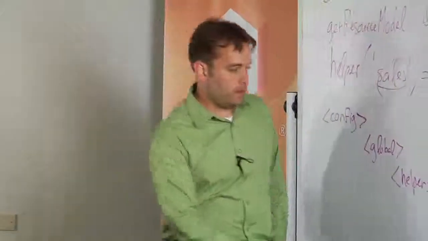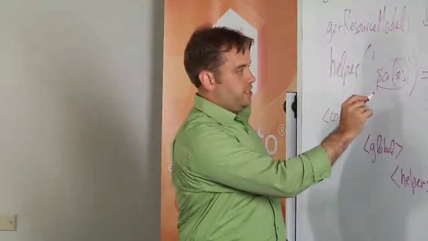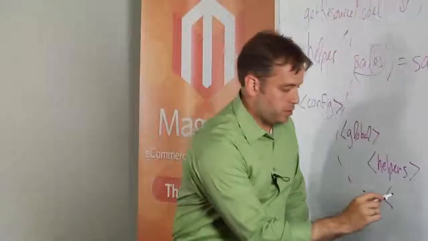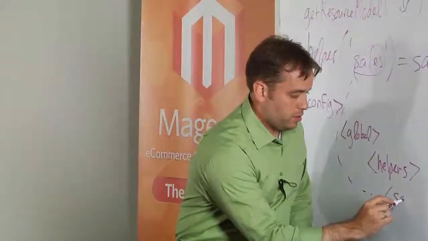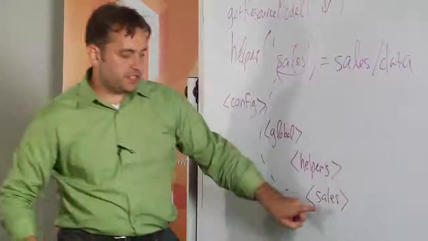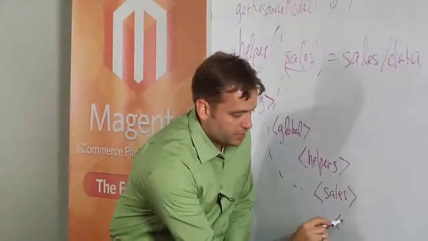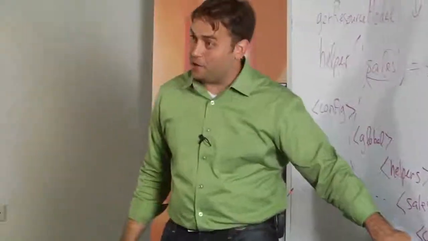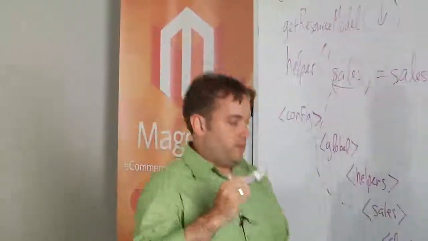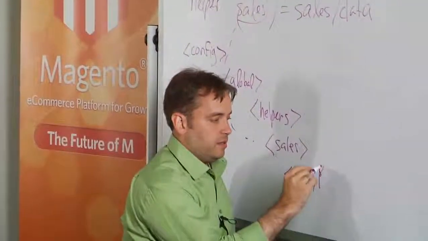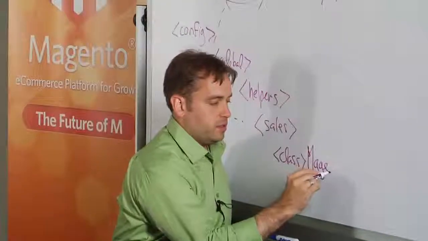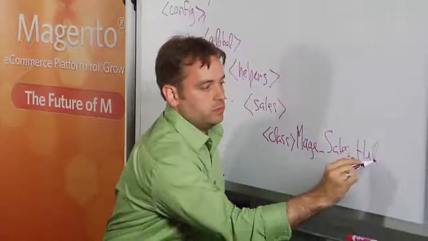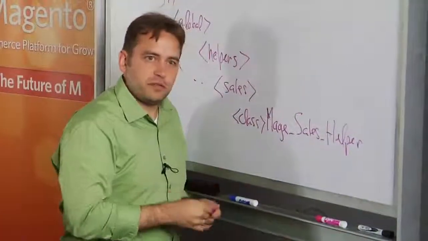Hopefully our configuration structure will have sales, and then inside sales, we look for class. And in that class node is where we would specify Mage sales helper. Okay? That's the connection.